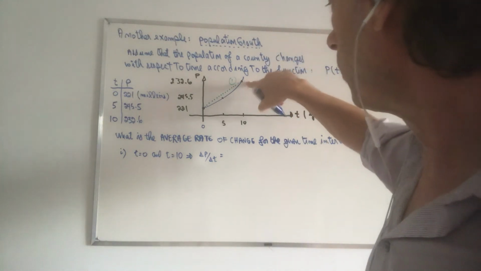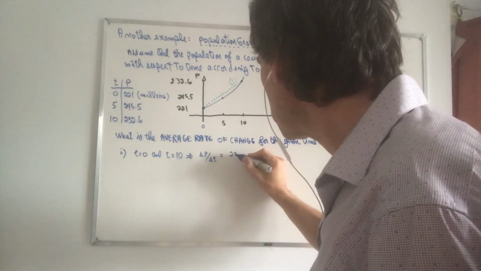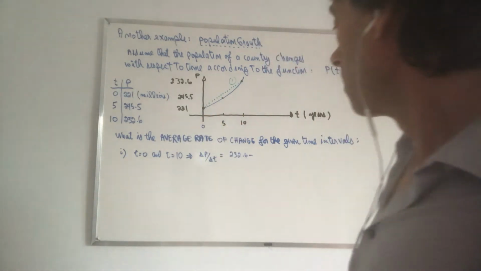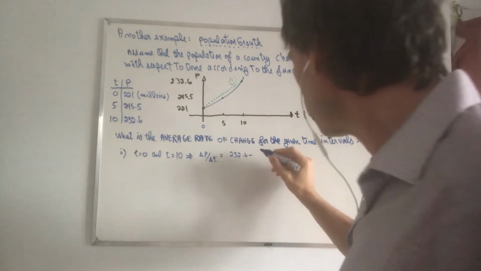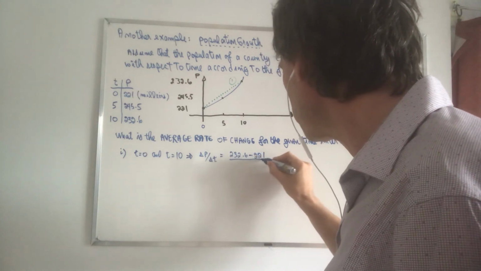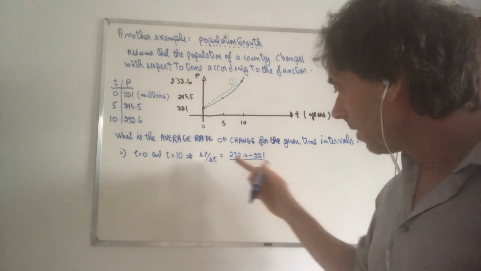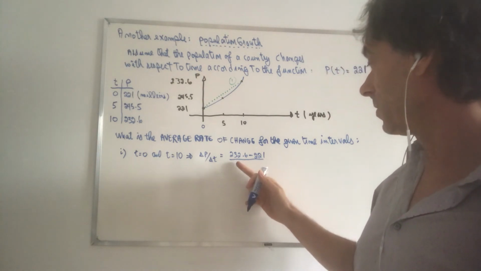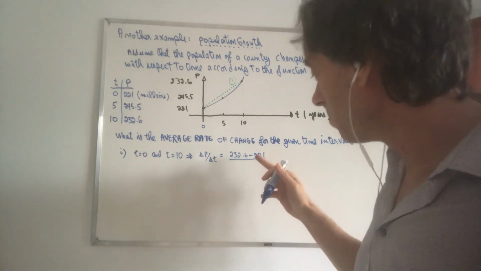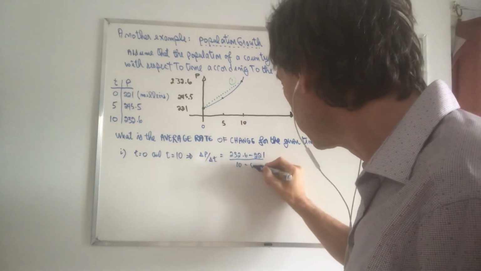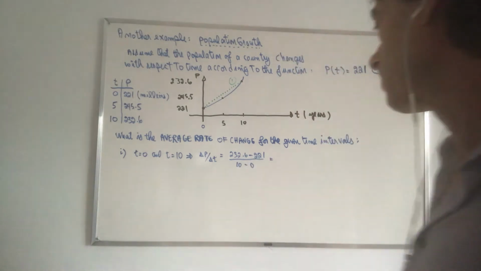The population after 10 years was 232.6 minus the population at time 0, which was 221, and I'm asking for this change of population. So you see, the population of that country has been changing by 11.6 million people over the span of 10 years.